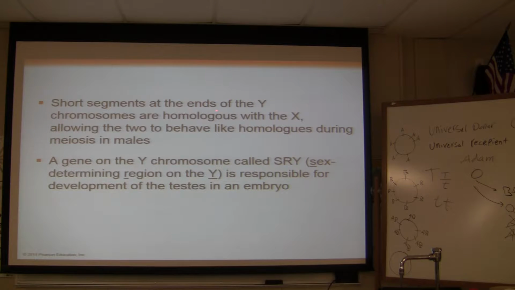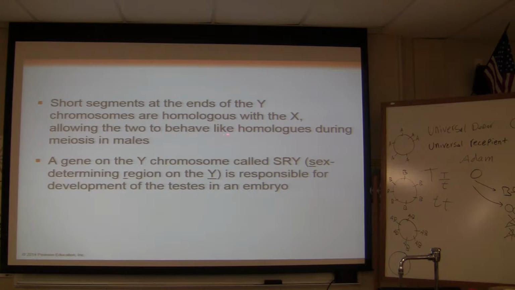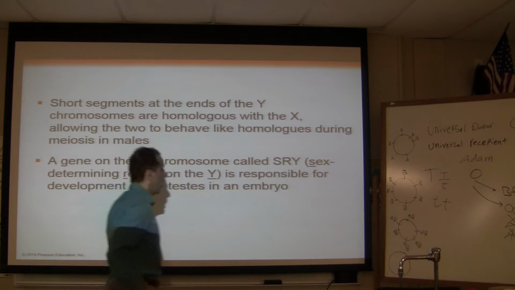Short segments of the Y chromosome are homologous with X, allowing the two to behave like homologs during meiosis in males. A gene on the Y chromosome is called the SRY gene.